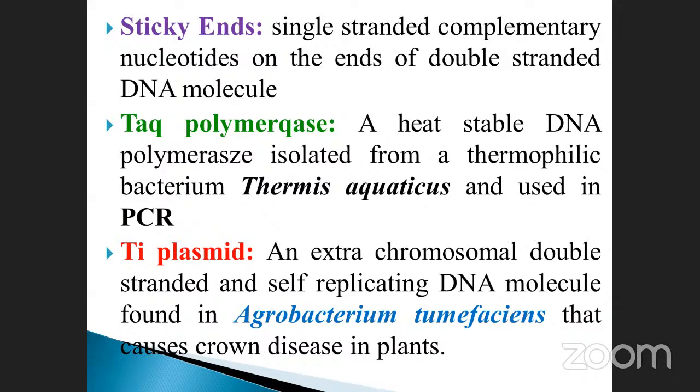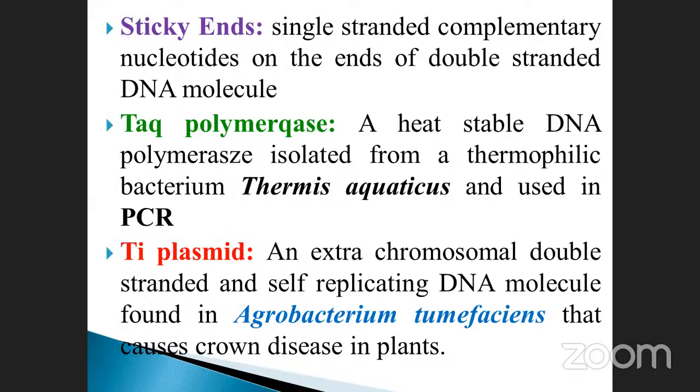So it has obtained the ability to carry temperatures up to the level of 90. Just imagine, between 42 and 90, there is 58 degrees Celsius also possible. That much heat stable a component is the Taq polymerase.